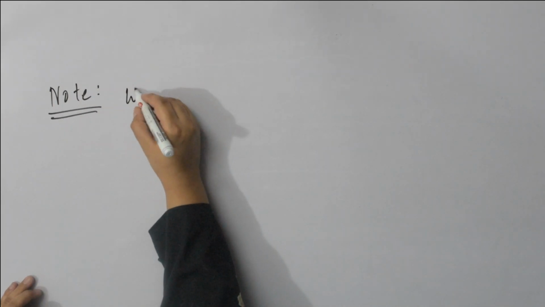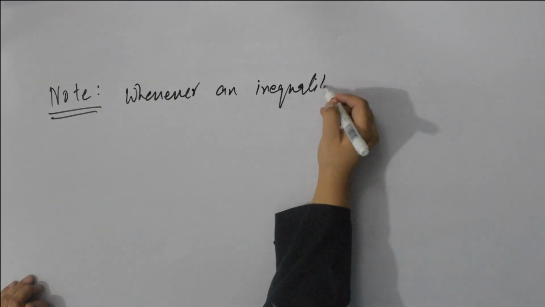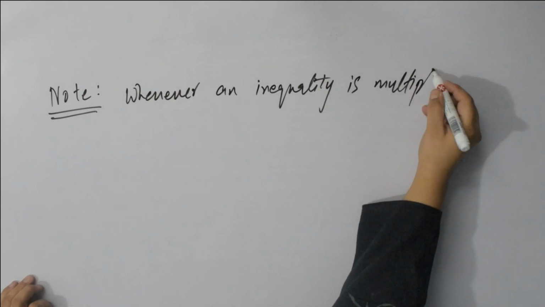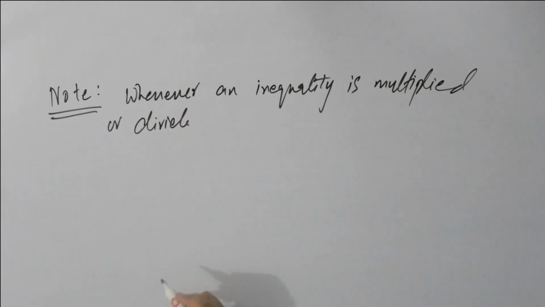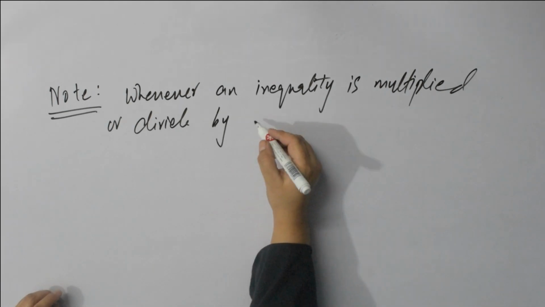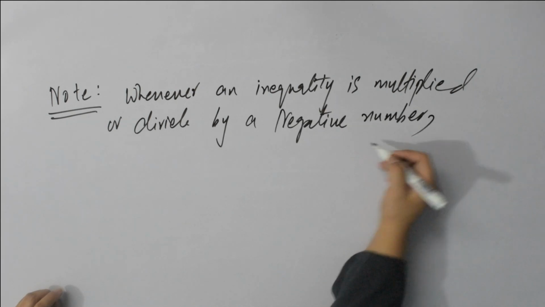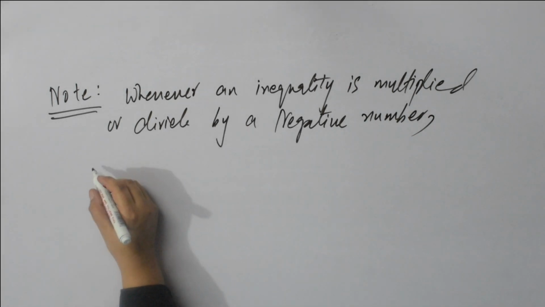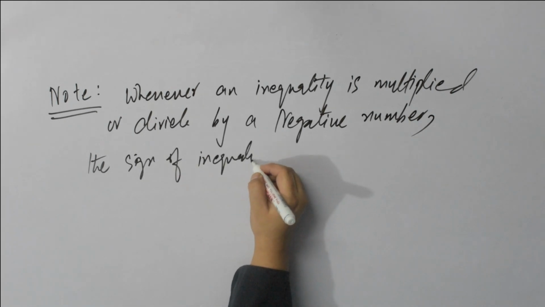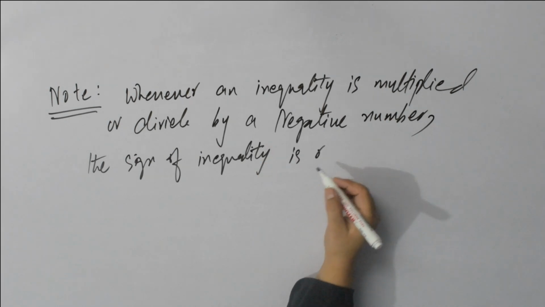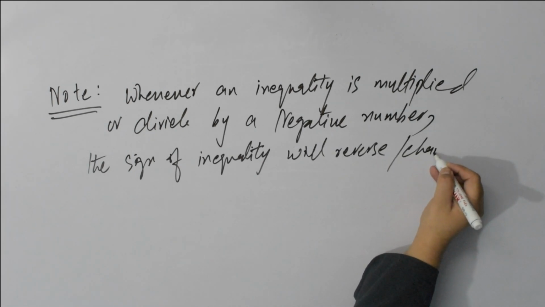I am writing over here. Note that whenever an inequality is multiplied or divided by a negative number, the sign of the inequality will reverse or change.